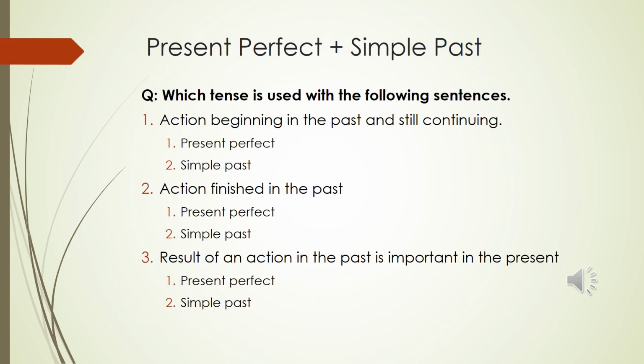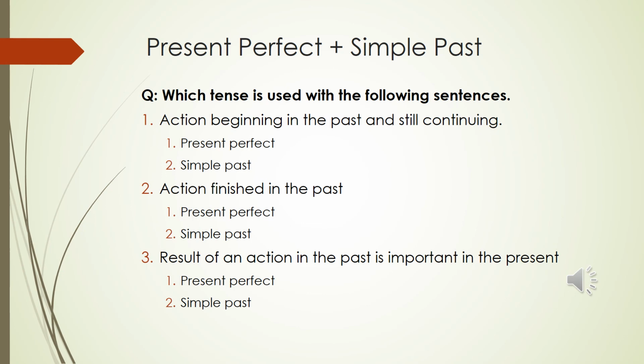This is a kind of exercise but is also showing definitions of these two tenses. The question is, which tense is used with the following sentences? Number 1, action beginning in the past and still continuing. It means the action has begun in the past but is still continuing. So it is showing present perfect tense. Question number 2, action finished in the past.